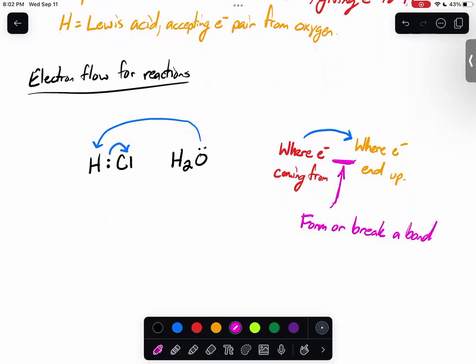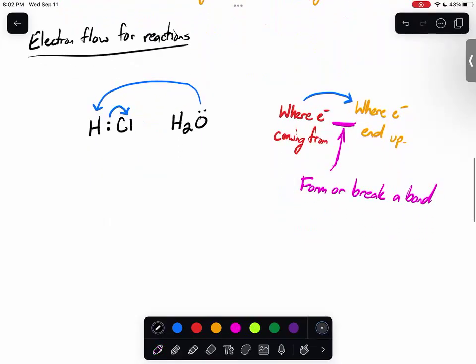And that's exactly what happens, because if we look over here at what the products end up being, if we draw them in a similar orientation, where those electrons were on the oxygen, there is now another hydrogen there.